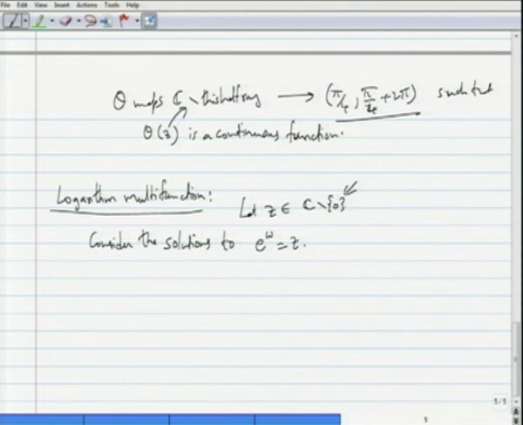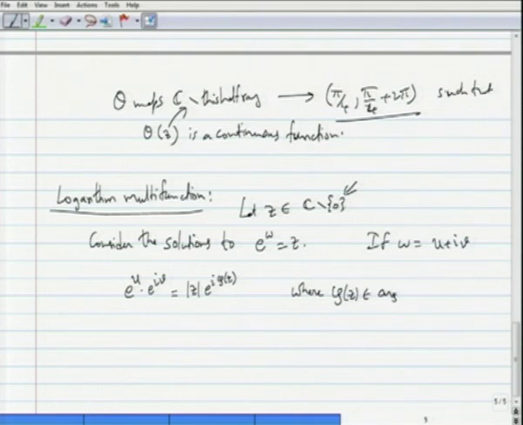So, if w equals u plus i v, you immediately observe that you can write e power u times e power i v is equal to modulus of z times e power i times phi of z, where phi of z belongs to argument of z. So, it is a choice of an argument of z. Any choice of argument of z gives this equation.